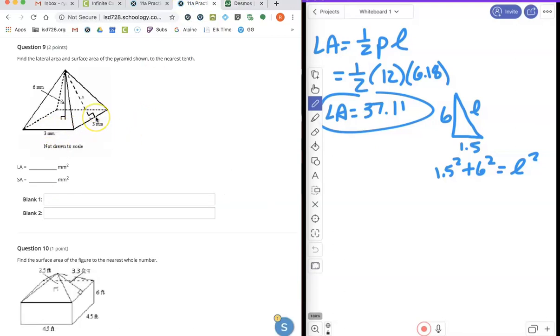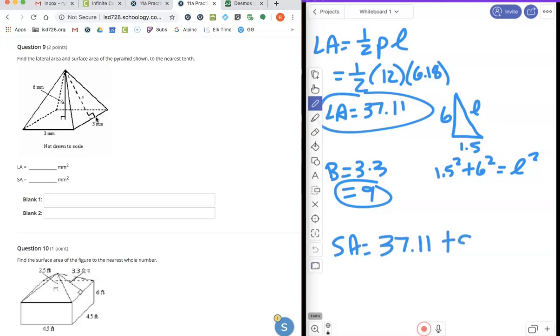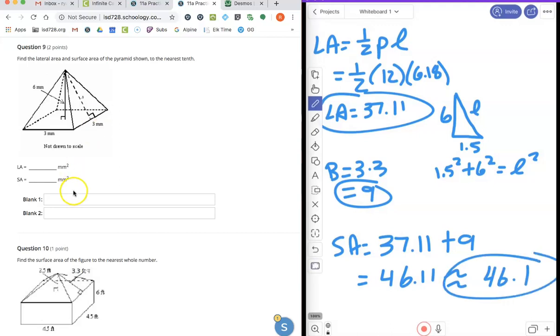The base is 3 times 3, which is 9. So the surface area is that 37.11 plus 9. Well, that's just 46.11. To the nearest tenth, that's 46.1. So lateral area would be 37.1. Surface area would be 46.1.